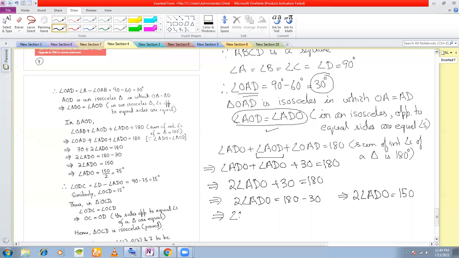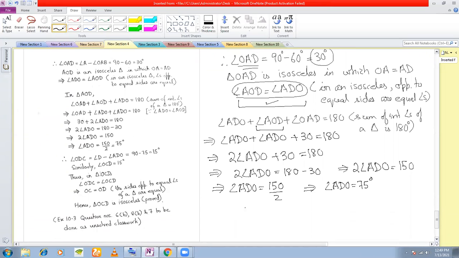That means angle ADO is equal to 150 divided by 2, which is 75 degrees. But ADO and AOD are the same. Therefore, angle AOD is equal to angle ADO is equal to 75 degrees.